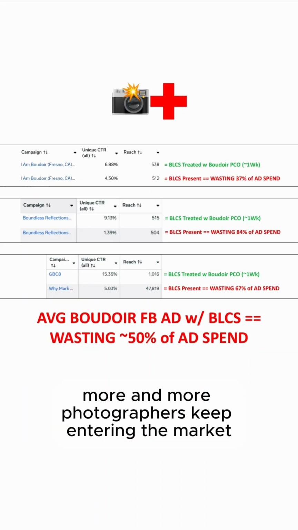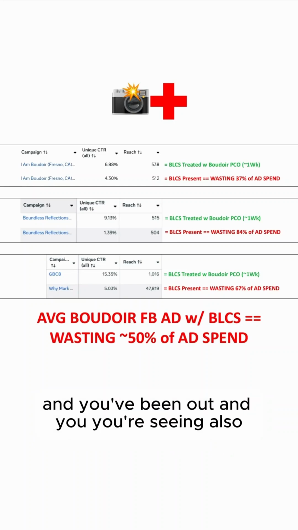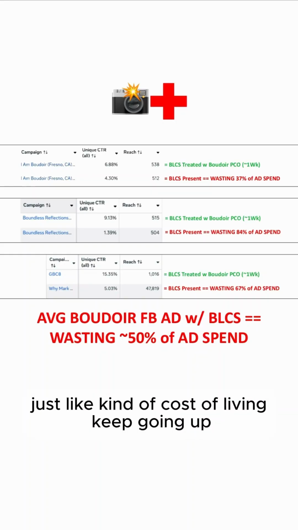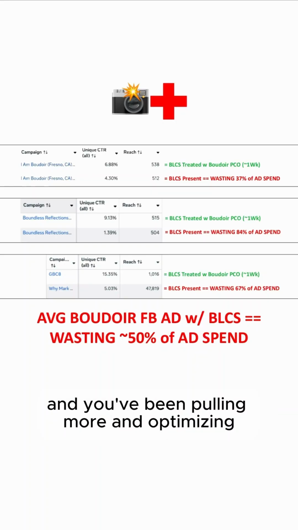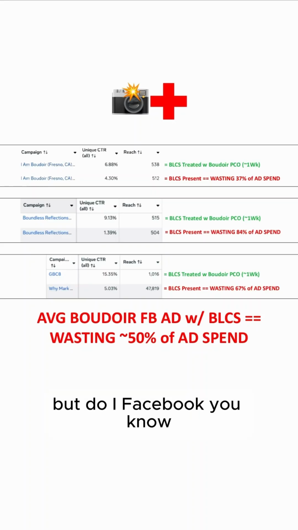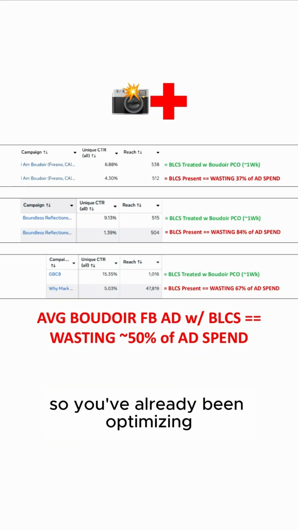So more and more photographers keep entering the market. And you're also seeing inflation, cost of living keep going up. And you've been optimizing, pulling more profit out of your business in other areas already.